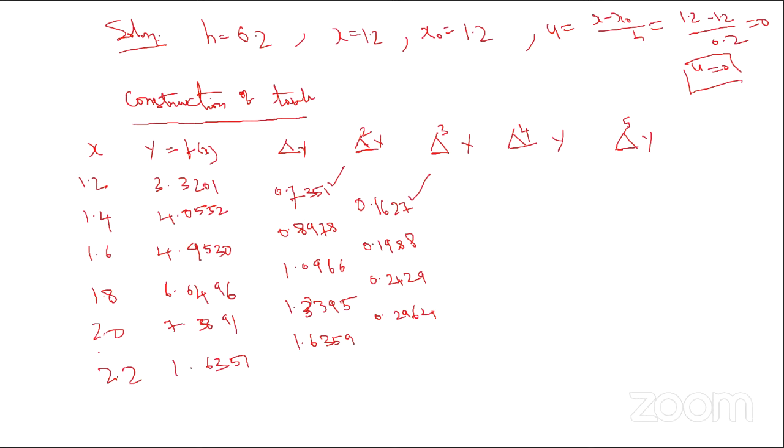Substituting: 0.0361, 0.0441, 0.0535. Next, delta 4y: 0.0080.